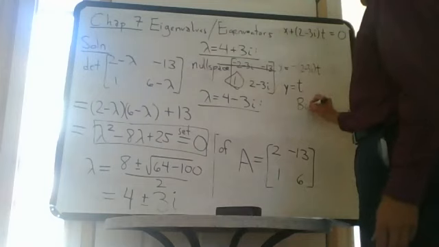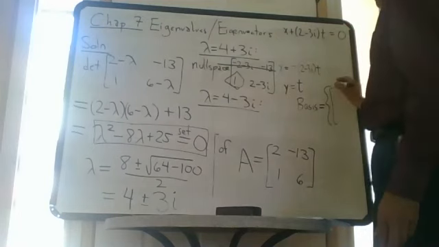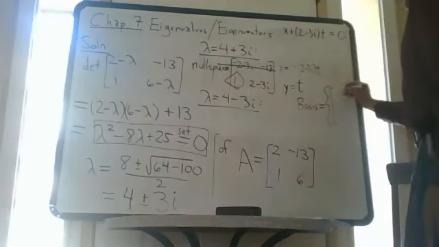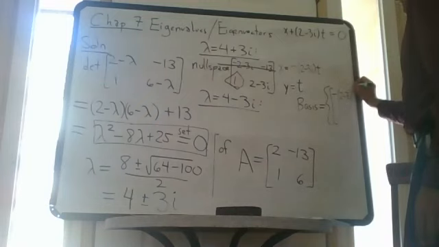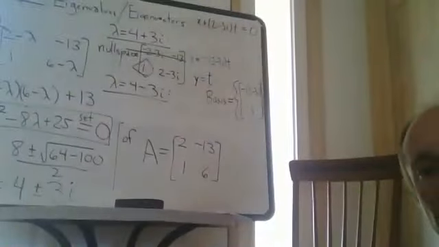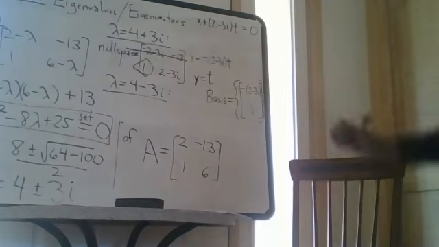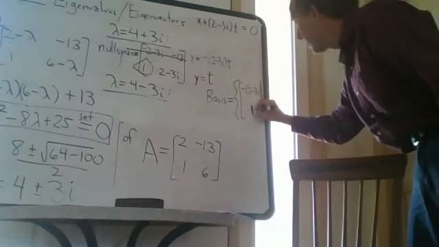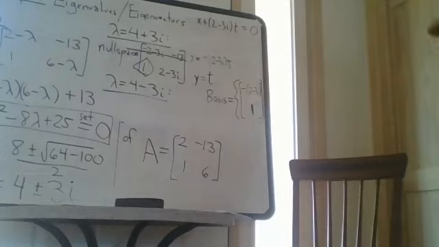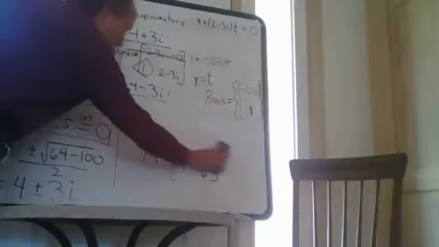And so my basis, nothing wrong with imaginary numbers being in this answer, is just going to be negative of 2 minus 3i, and 1. I hope you guys can see that all right there. Negative of the quantity 2 minus 3i, comma 1. That's a 1 right there. So that is for the first eigenspace.